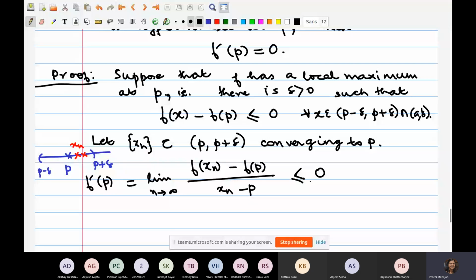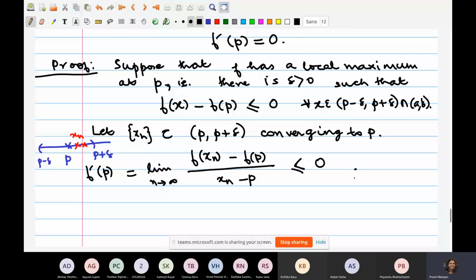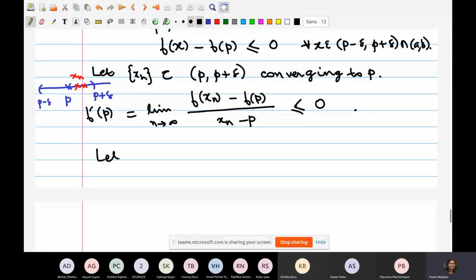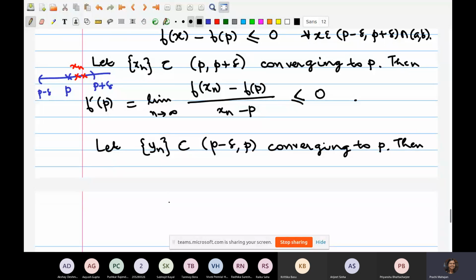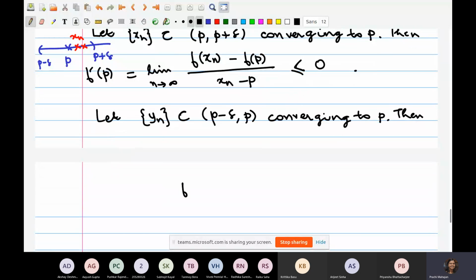On the other hand, if I take a sequence of points tending to P from the left, let's do that. Let yn be a sequence of points tending to P from the left. Look at this difference quotient again: f of yn minus f of p over yn minus p.